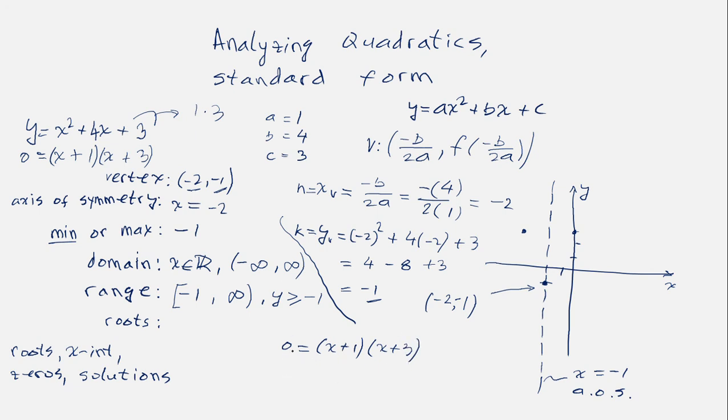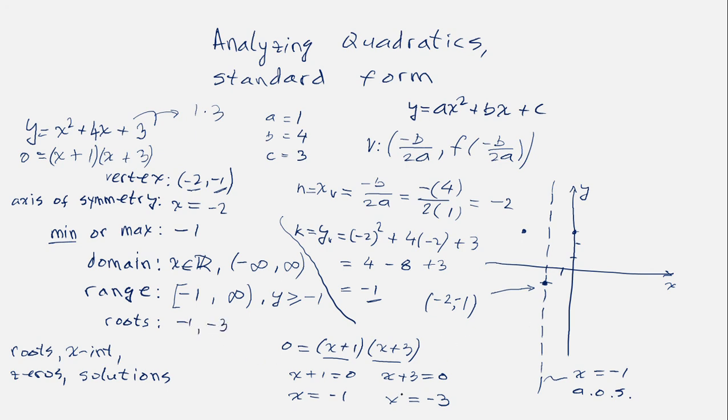Well, for the product to be equal to 0, either this or that needs to be equal to 0. So let's set them equal to 0. x plus 1 equal to 0, and then x plus 3 equal to 0. When we solve for x here, we get x equal to negative 1, and here we get x equal to negative 3. Those are our roots, negative 1 and negative 3.